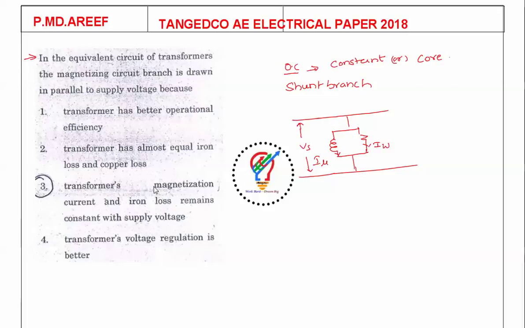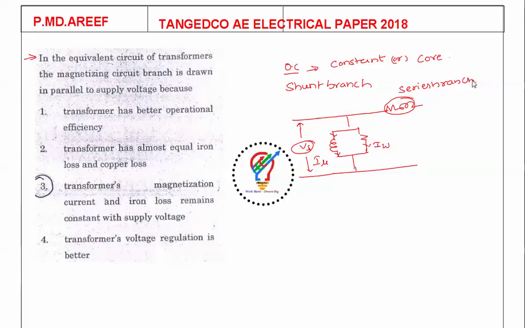The transformer's magnetization current and iron losses remain constant with the supply voltage. As VL changes, they change automatically, but as long as VL is constant, these two losses also remain constant. That's why we represent them in parallel. If they ask for series branch parameters, those depend upon the current carrying capability.